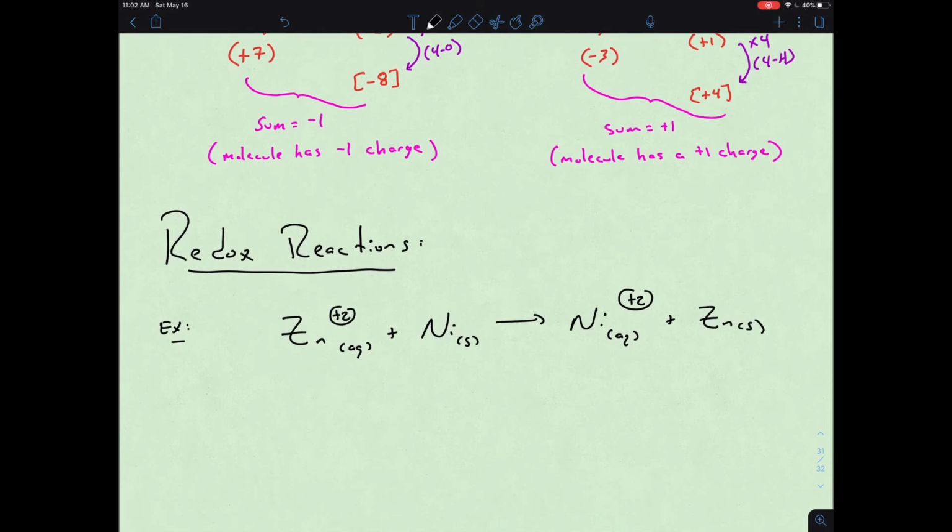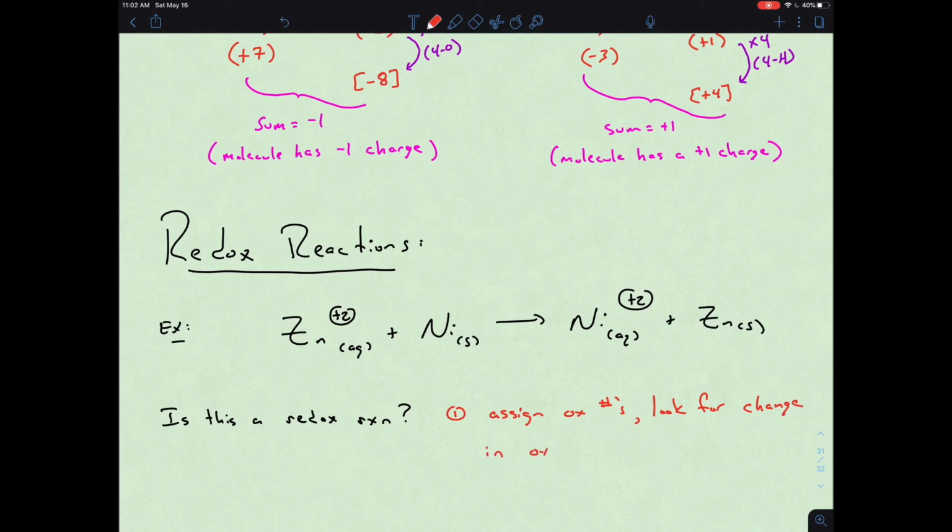So, you could ask yourself, is this a redox reaction? And what we want to do is assign oxidation numbers. Right? And then we want to look for a change in that idea of oxidation numbers.